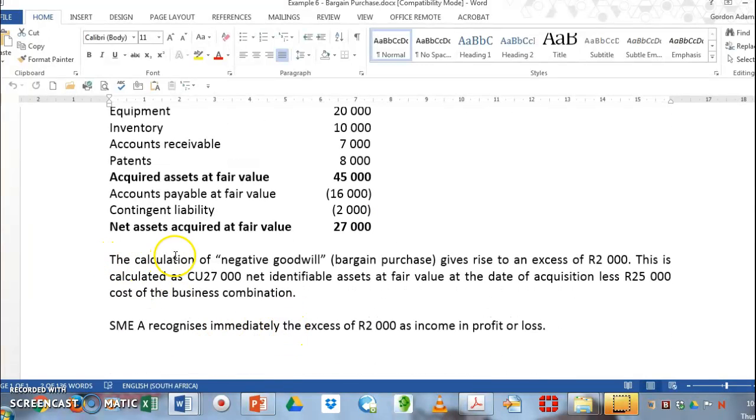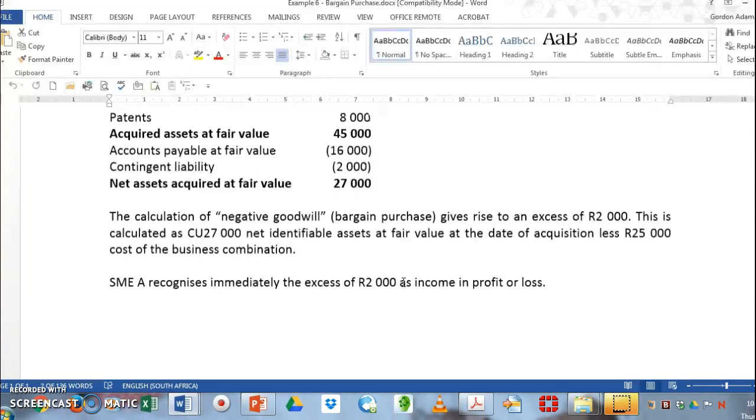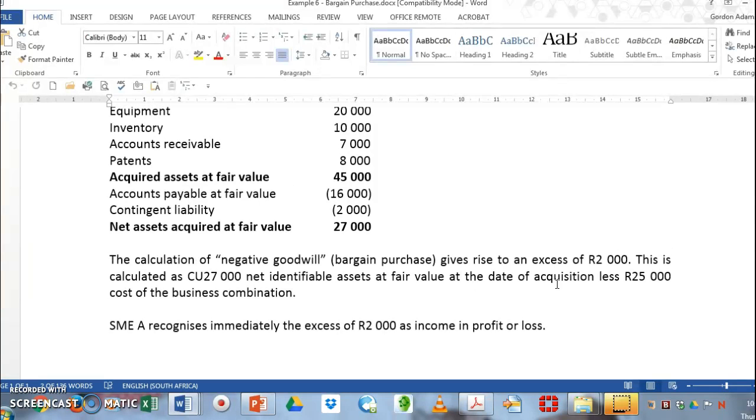So this is referred to as negative goodwill or a bargain purchase, which is the excess of 2,000 Rand. So importantly, the accounting treatment of a bargain purchase at acquisition date is that the 2,000 Rand needs to be recognized as income immediately in the consolidated financial statements. So it's not recognized as a liability, it's recognized directly as income.